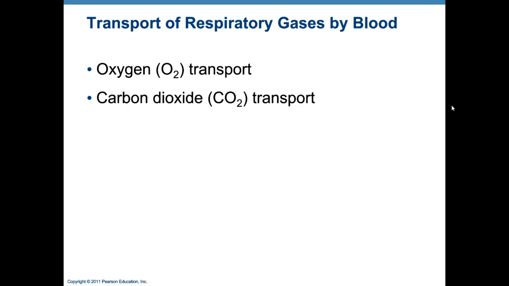Oxygen and CO2. We're going to look at how they're transported in the blood. Oxygen is pretty simple. Oxygen basically binds to hemoglobin in your red blood cells, and it's carried on the heme group. And there's 4 oxygen molecules for every heme molecule.